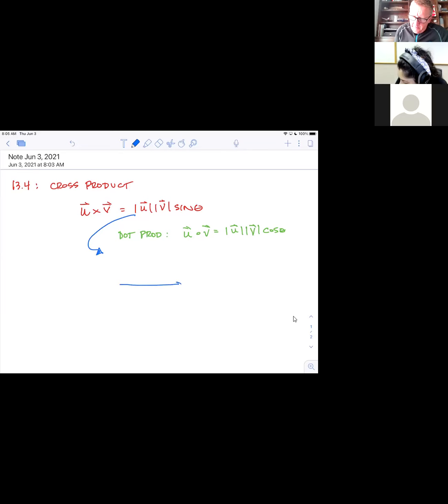If you have this vector V sitting over here and you have a vector U coming off at an angle like this, and this is the angle in between, then taking the vector U and multiplying it by the sine of theta gives you this length right here. Notice it's a length. So really that represents that height.